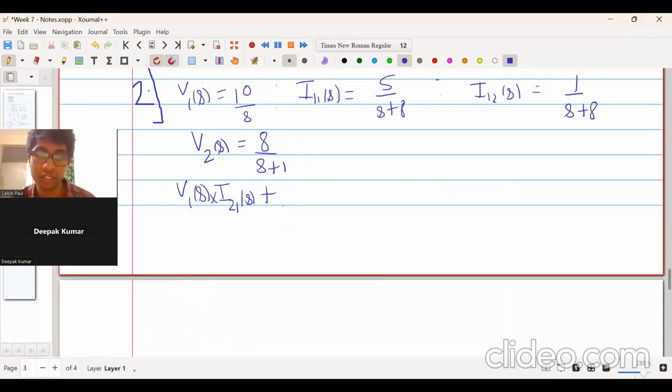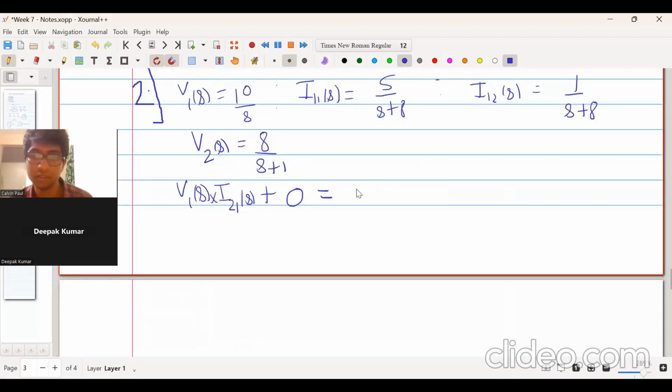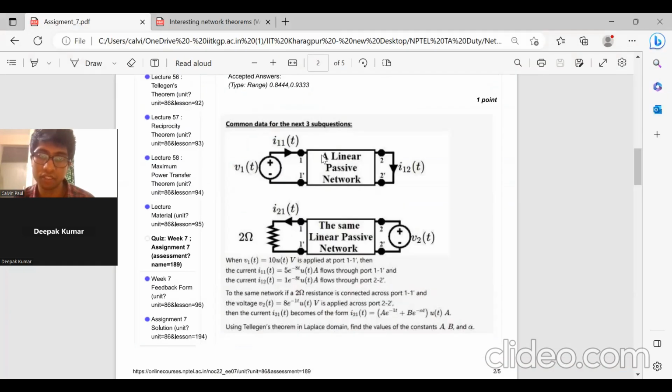So v1 of s into I21 of s plus 0 is equal to this voltage, which is 2 into I21 of s, into this current, and because it's going in this direction, there is a minus sign.